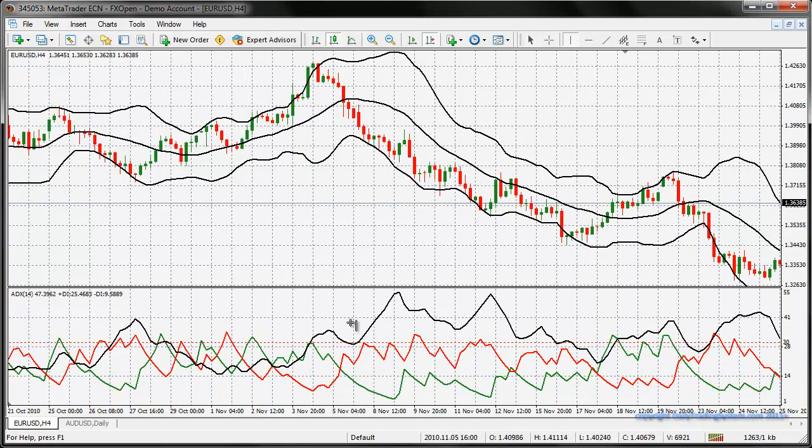Now you see here where the ADX line does go above. Well, we really need to see this negative directional index to be above as well, and the period from here to there actually took like 11 bars.